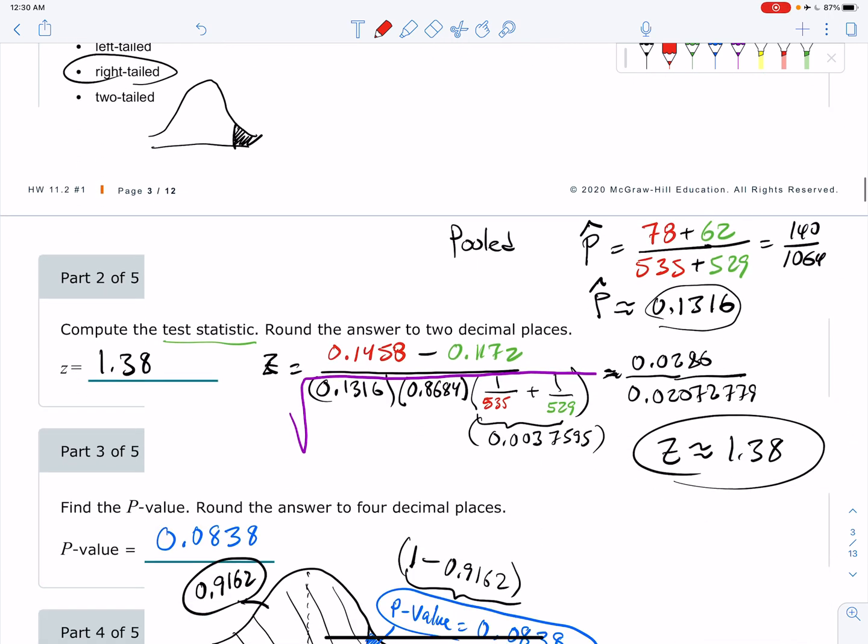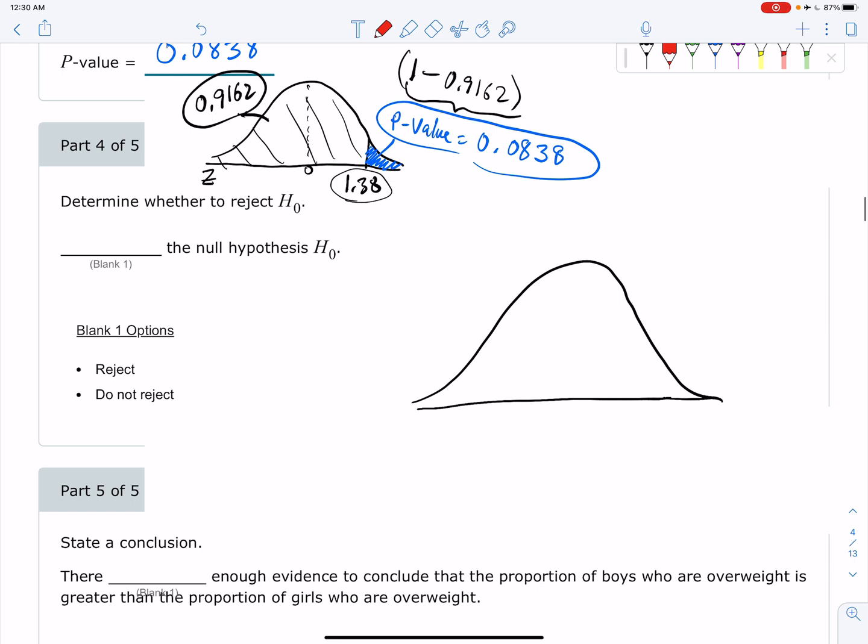So our alpha, which is our level of significance, of course as always standard normal, so 10% of that, it's pretty big, it's about there. It's a right-tailed test, so this alpha is 0.10.